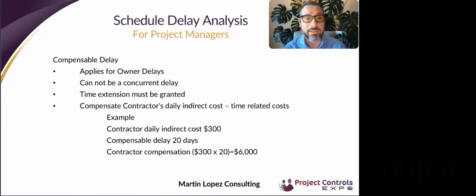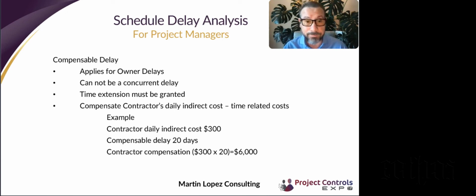Now, compensable delay applies when the owner is responsible, when the contractor is not responsible, when there are no concurrent delays to be assessed, and there is a time extension granted, meaning a delay that has a number of days associated with it.